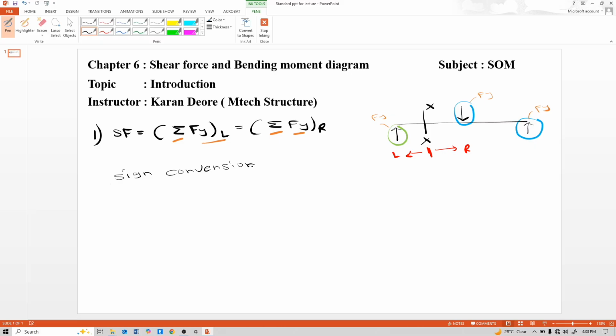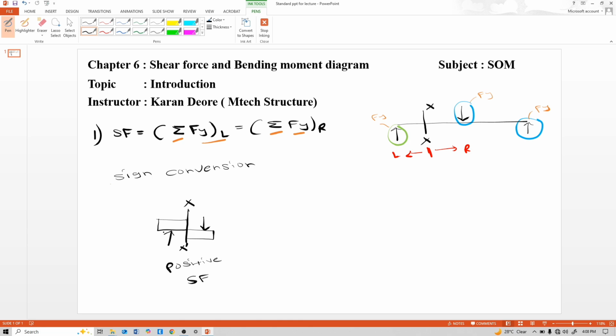So see sign convention. Positive shear force is, this is XX section, and see, this is positive shear force.